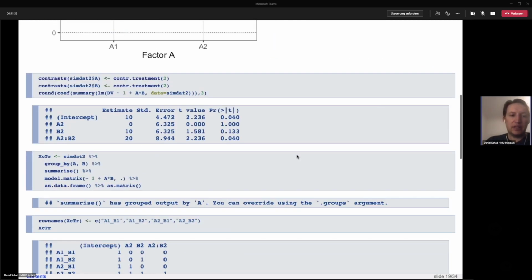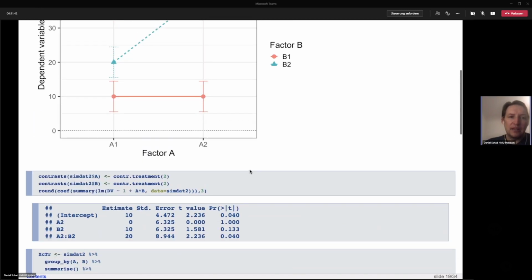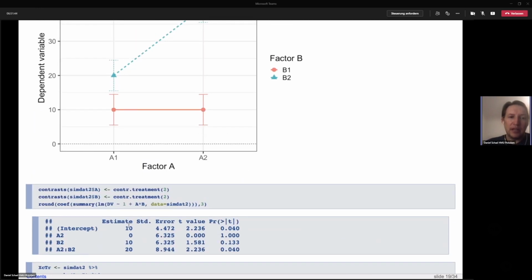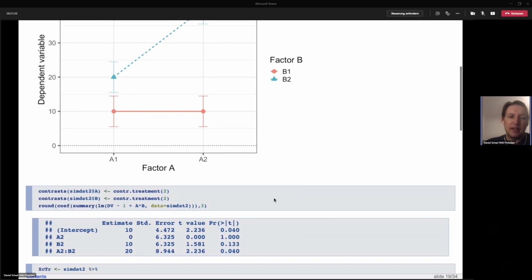But let's look at a concrete example. So again, we have A and B coded as treatment contrasts, and so A1 would be the baseline level of A, and B1 would be the baseline level of B. And now we have this effect of A. Importantly, we have the interaction included, the main effects of the factors and the interaction.